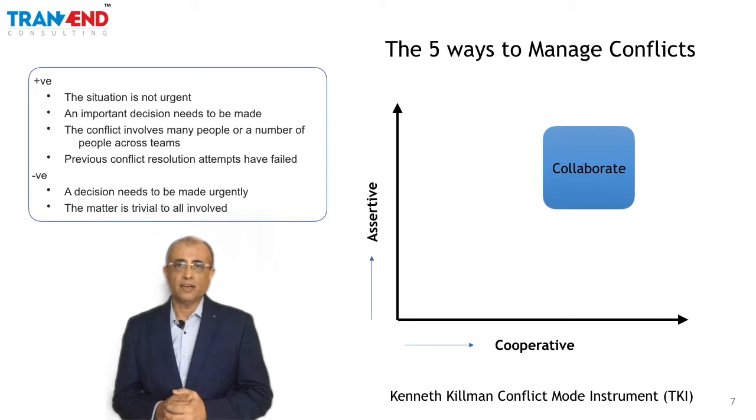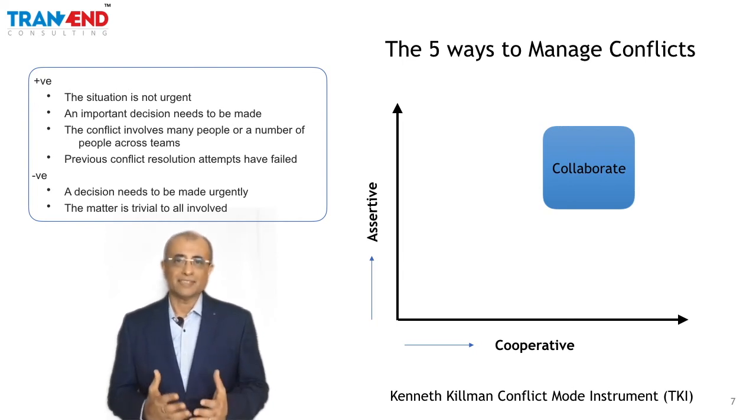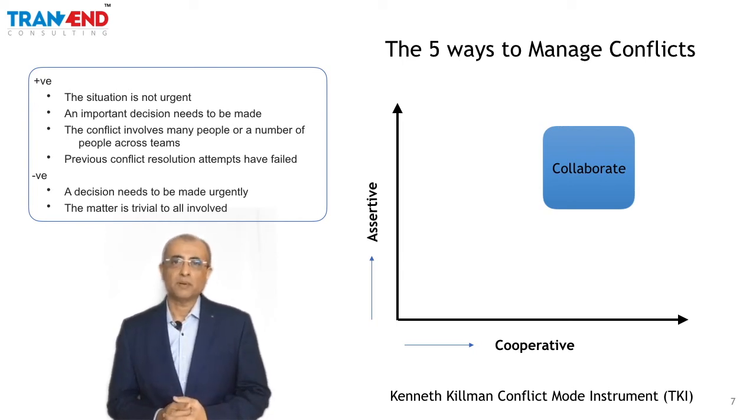So with this, we have learned about all the 5 different approaches that we can take in the TK instrument. Now we'll look at the mindsets that will help us succeed in managing conflicts.